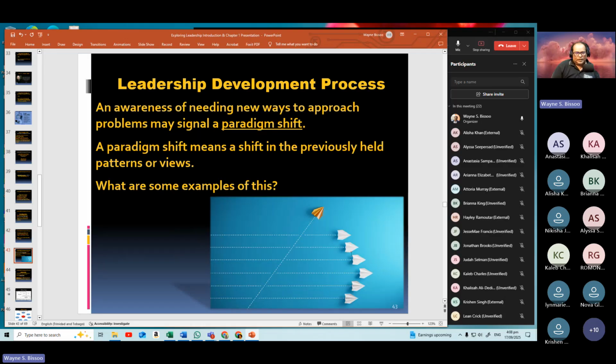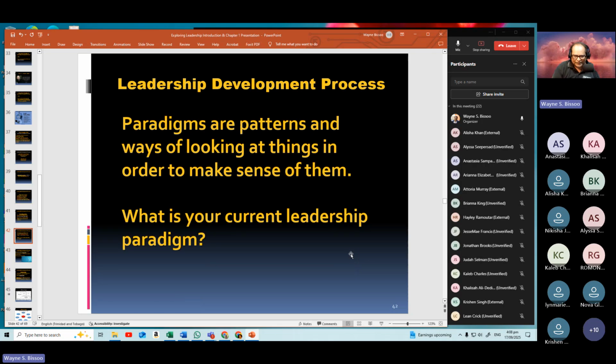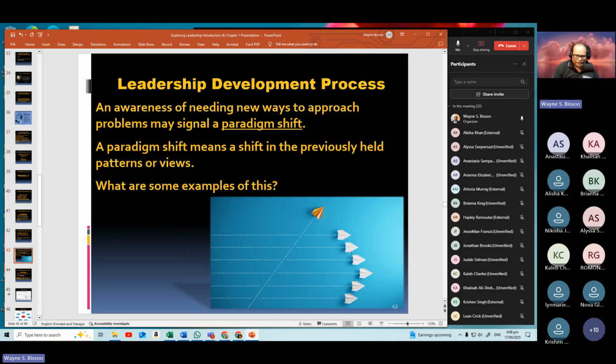Think about a paradigm as a way, we talked about that, a way of looking at things. In leadership, the problem we seem to be having is that we continually keep on generating leaders that don't seem to be able to provide solutions for us.